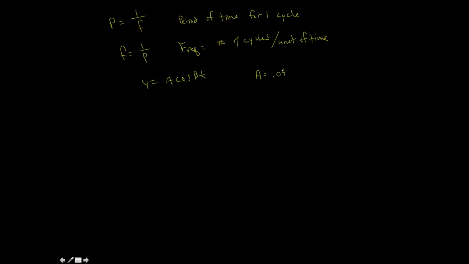Now, since we are 0.04 centimeters to the right when t is 0, A is 0.04, not negative. Since it's to the right, it's going to be a positive A, not a negative A.